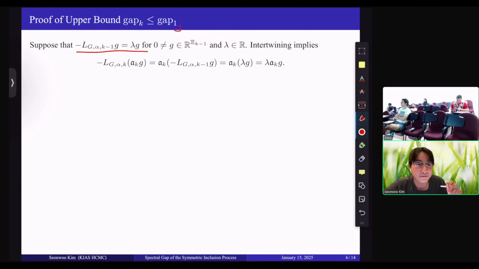Then you can calculate this term, and by intertwining we can change A_k and L_k such that A_k goes out, and then this minus L g is exactly the eigenvalue equation. We can substitute the eigenvalue, and then we end up with this, such that for this function A_k g, we also have an eigenvalue-eigenfunction equality.